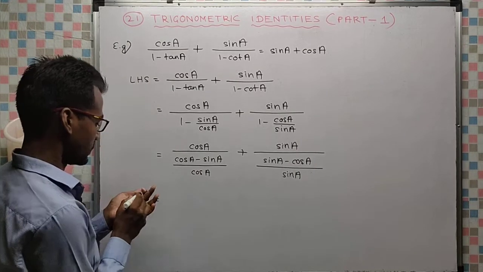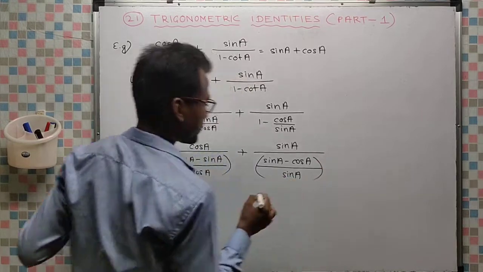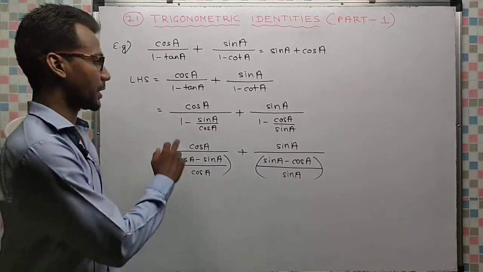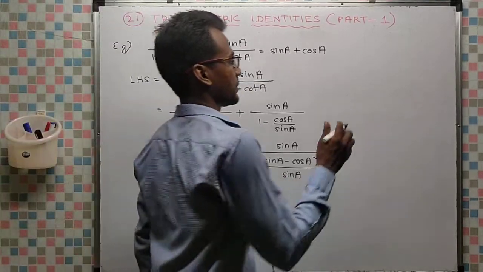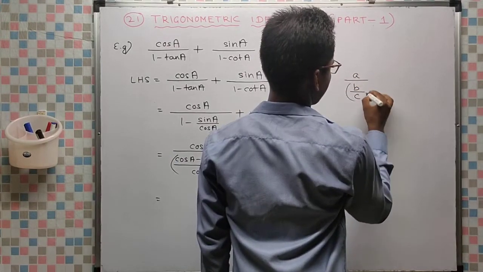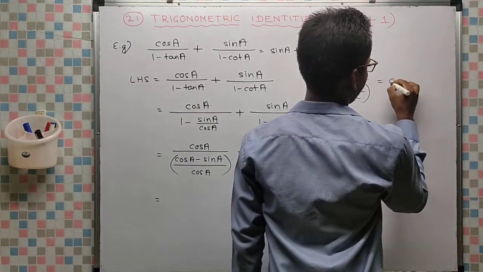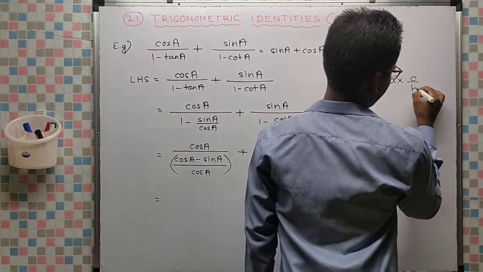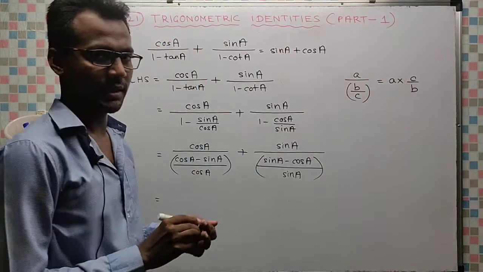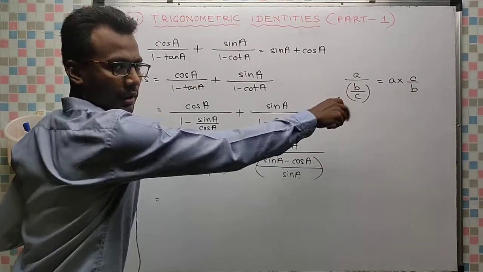Which is equal to, these two are together. It is in the form of A by B by C. If B and C are together, we can write it as A into C by B. B and C cannot be separated. So we will convert in this way.